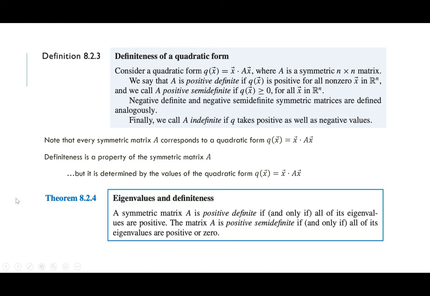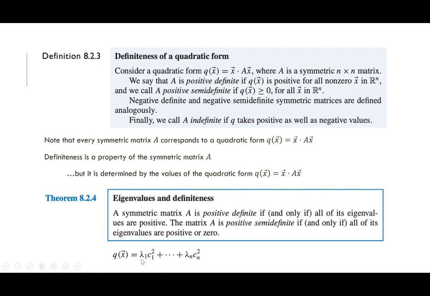So, okay. And now we have this theorem that says a symmetric matrix A is positive definite if and only if all of its eigenvalues are positive. And it's positive semi-definite if and only if all of its eigenvalues are either positive or zero. And this just comes from the previous theorem that told us we can write the quadratic form in this way.